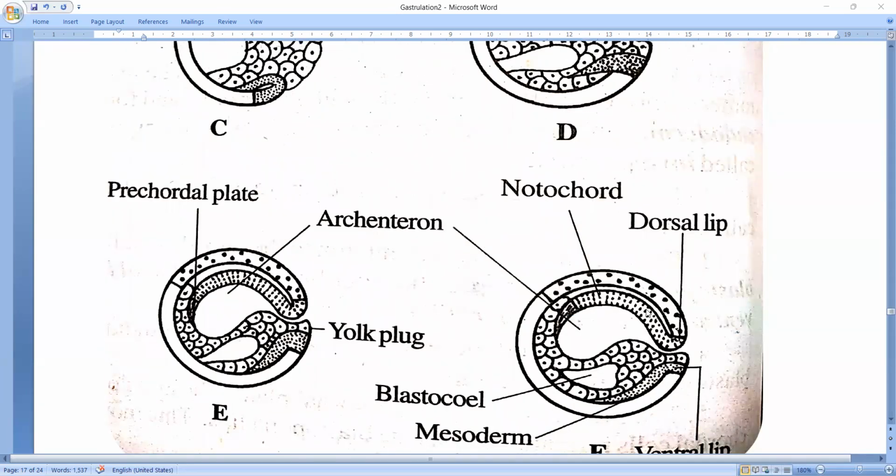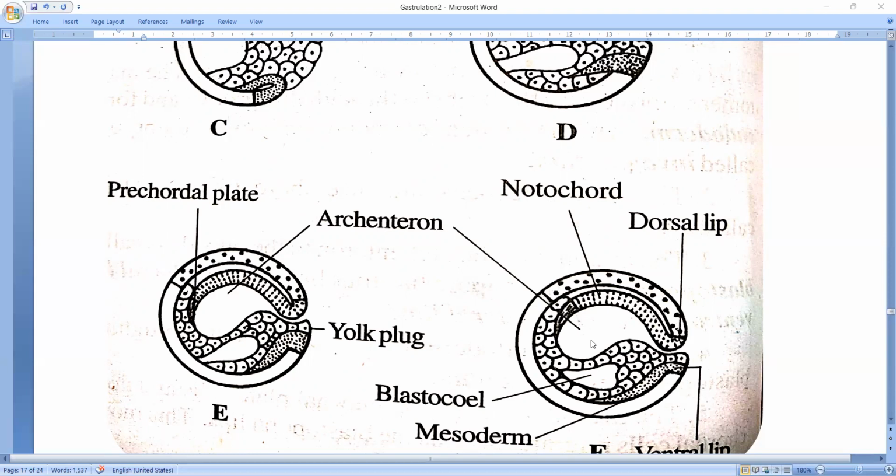Here also, this part is epidermal ectoderm, this is neuroectoderm, and this bigger cell mass is the actual endoderm.